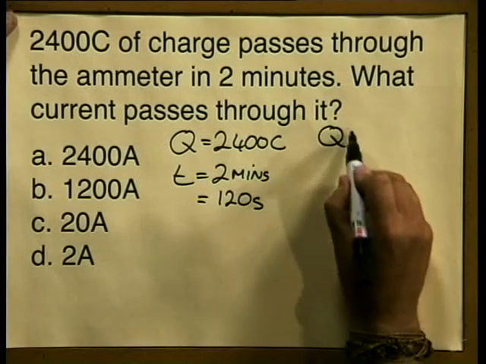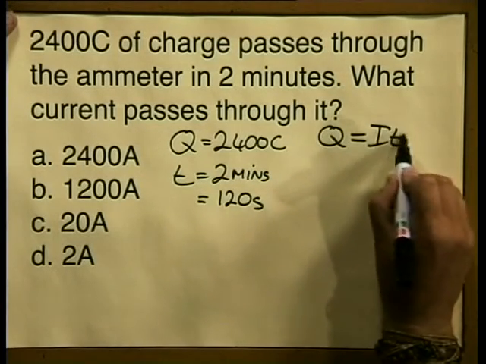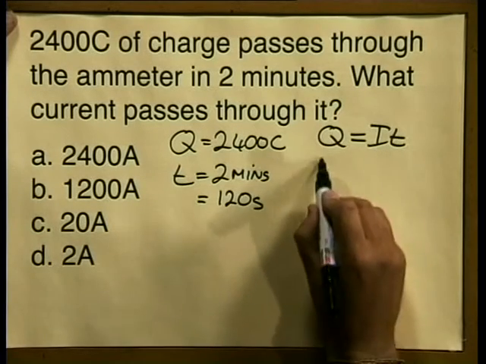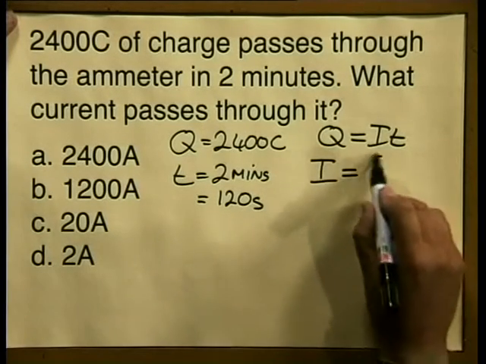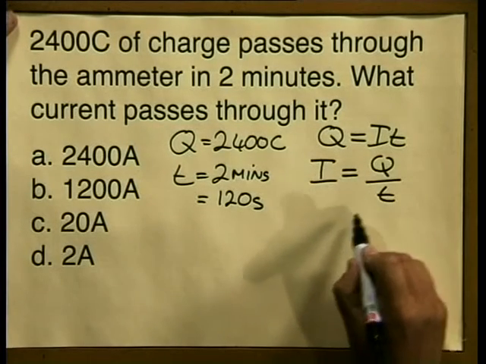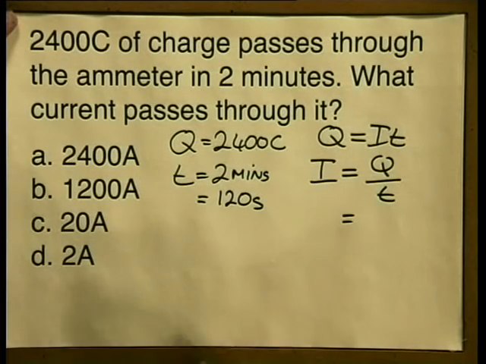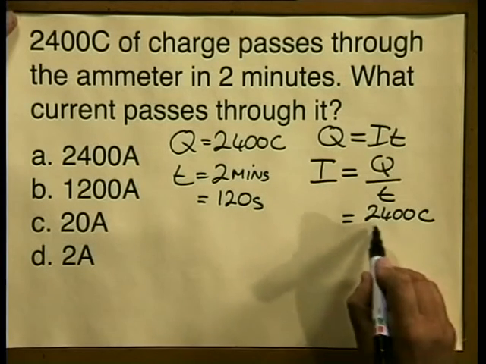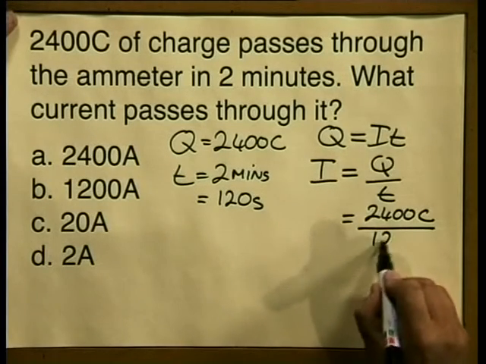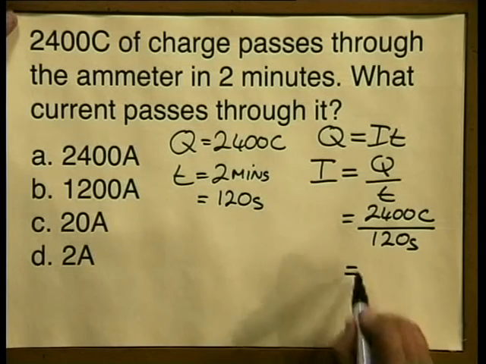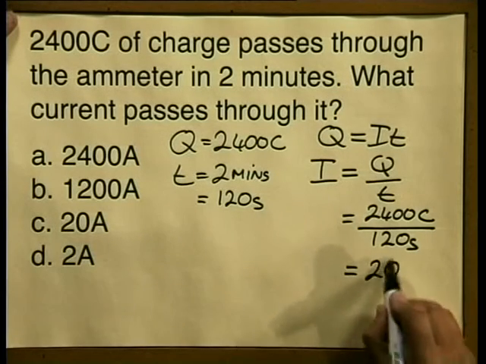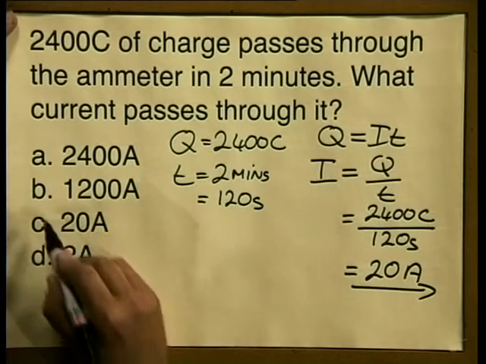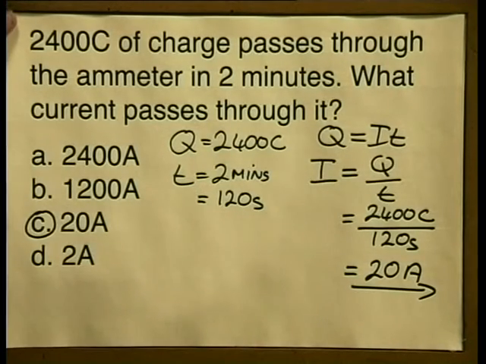We write down our equation, Q is equal to I times T. We need to make I, the current, the subject of the formula, so I is equal to Q divided by T. Substitute in our values for Q of 2,400 coulombs, time at 120 seconds, and the current I works out to be 20 amperes, which corresponds to option C.